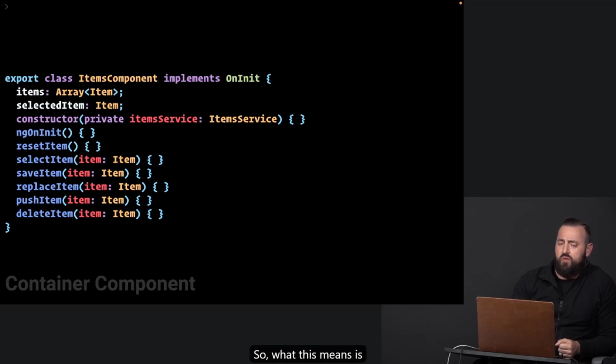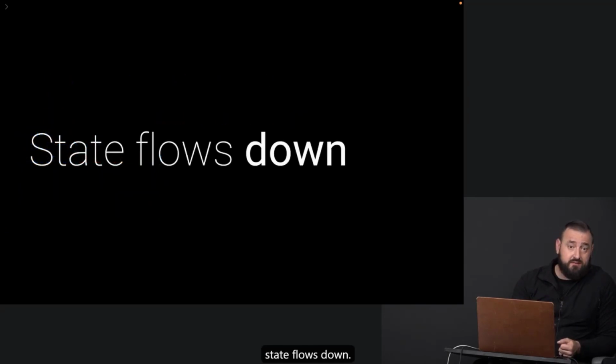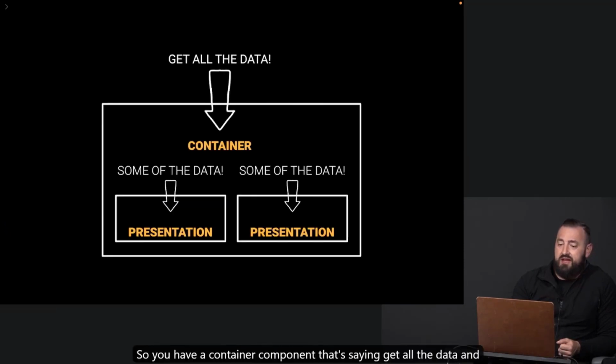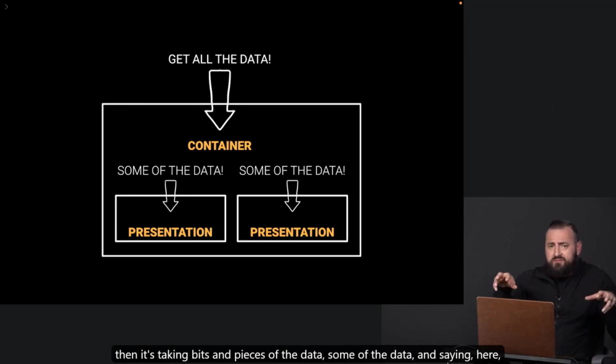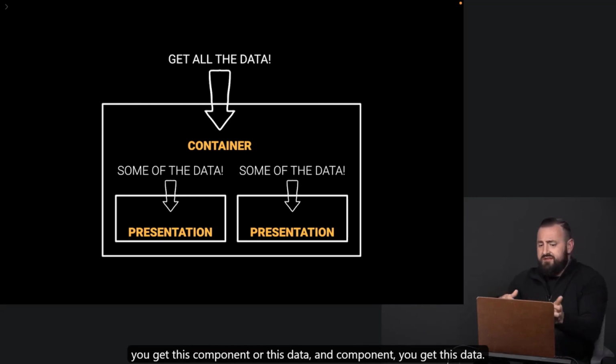So what this means is state flows down. You have a container component that's saying get all the data, and then it's taking bits and pieces of the data and saying, here, you get this data, and component, you get this data.